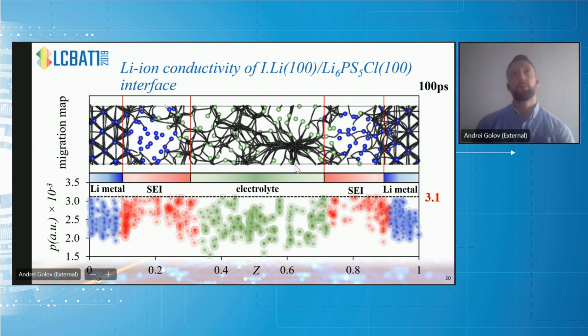The highest migration barrier is located at the SEI layer. This is because of the formation of low conductive products due to the reaction of argyrodite with the lithium. Thus this reaction should increase impedance and decrease the battery performance.